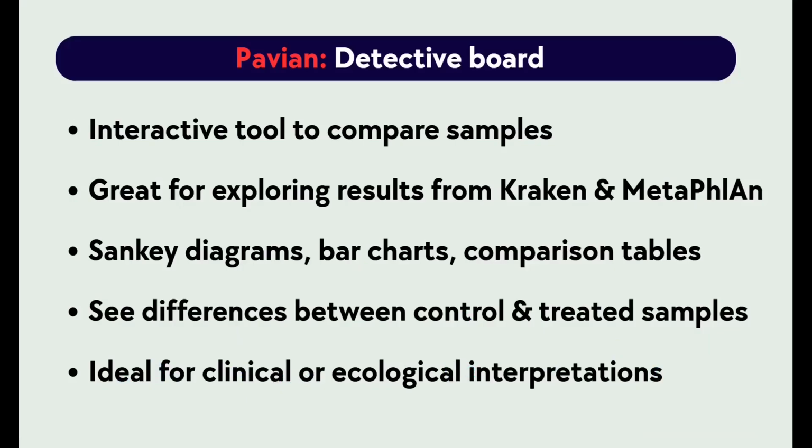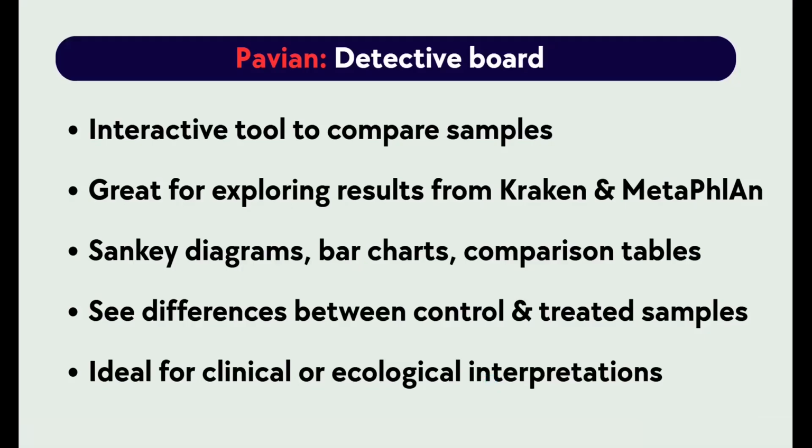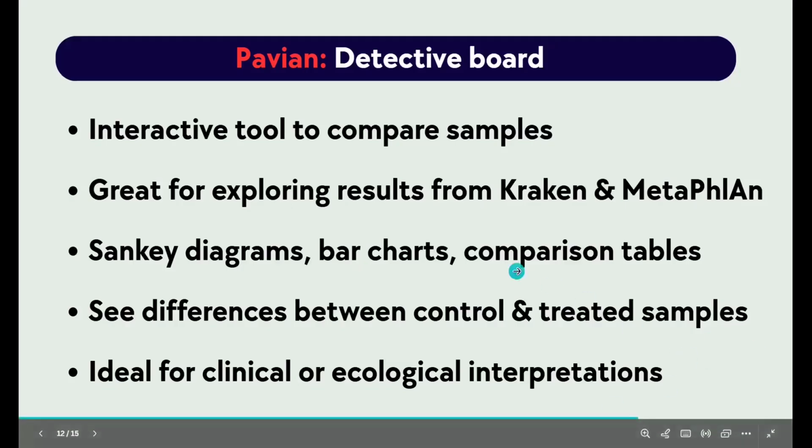Pavian is just a powerful tool for asking deeper ecological or health related questions, as it helps us make a comparison between the control and the treated samples. It helps us compare between the healthy individuals and the diseased ones. And that's it all about Pavian.